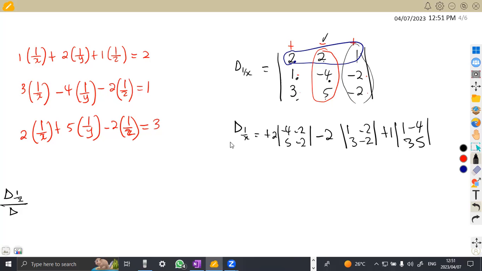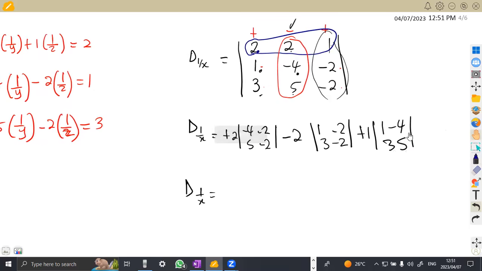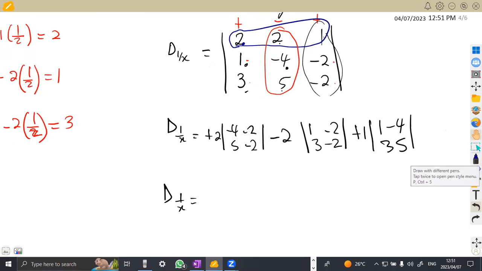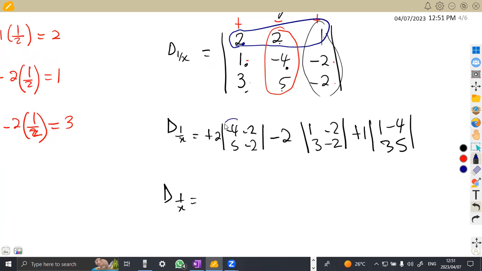We have the determinant with respect to 1 over x. Remember that the determinant is the product of the major diagonal minus the product of the minor diagonal. So we affect the major diagonal in this case, which is the product of negative 4 and negative 2. Then we subtract the minor diagonal, which is minus 2 and 5.